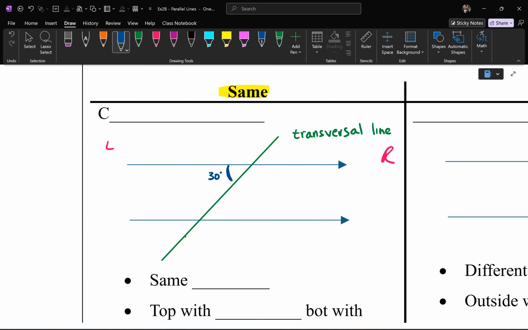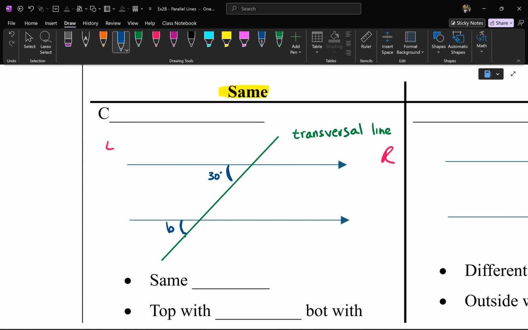If I want it to be the same, it has to be on the left side as well. So I'm going to do another angle and I'm going to call it B. See these 2 angles? They're both on the left side. Okay, so that's why they're on the same side. They're both on the left side, so it's the same thing.